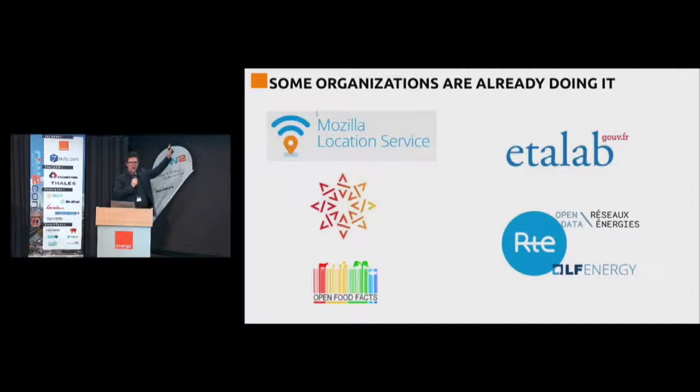This Mozilla Location Service is really interesting because they're using open source, but all the data was collected by people who decided to crowdsource, to use a phone all day long in order to give to Mozilla what they didn't want to give to Google.